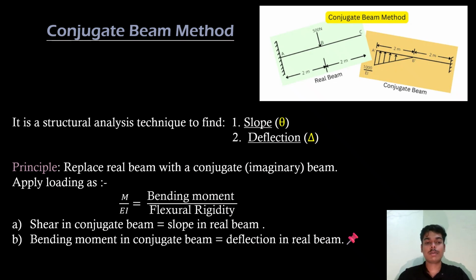Shear in a conjugate beam is equal to the slope in a real beam, and bending moment in a conjugate beam is equal to the deflection in the real beam.